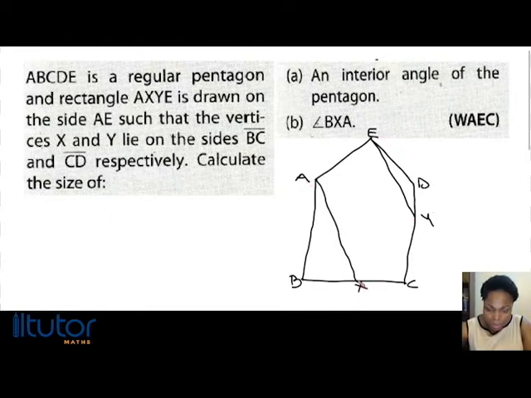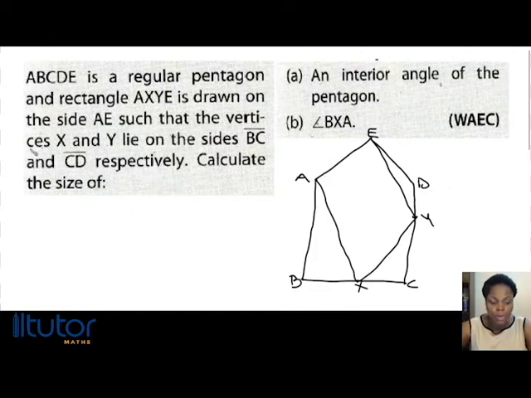It doesn't really look like a rectangle, but that's what it is. So here we have our pentagon and then we have our rectangle inside it.